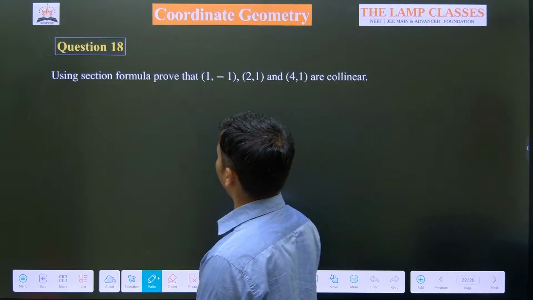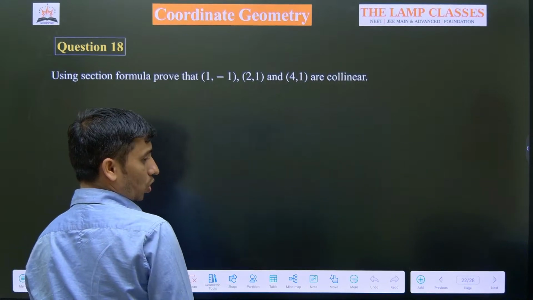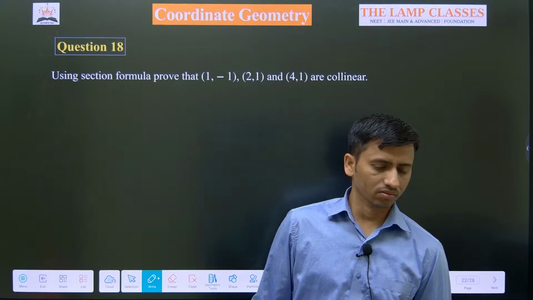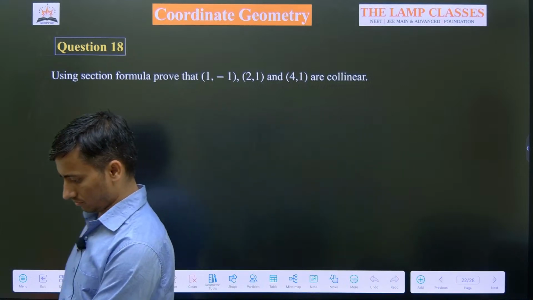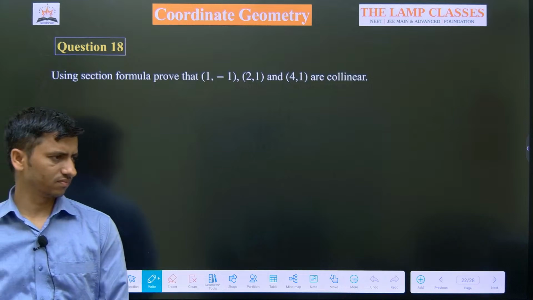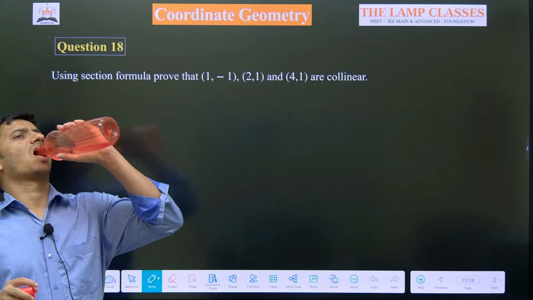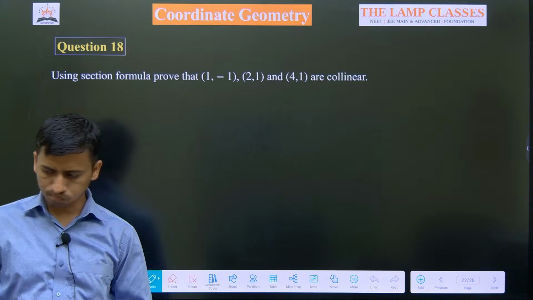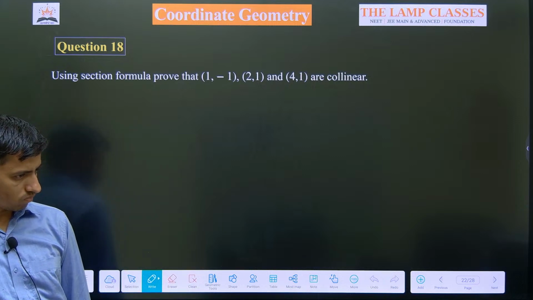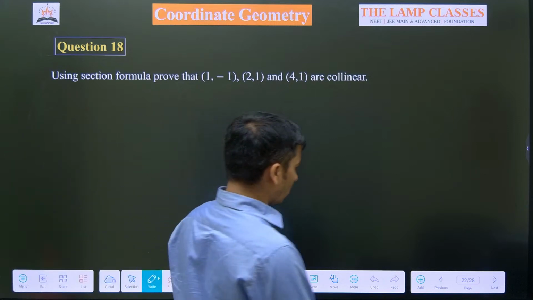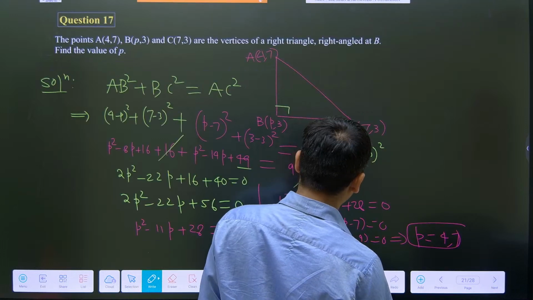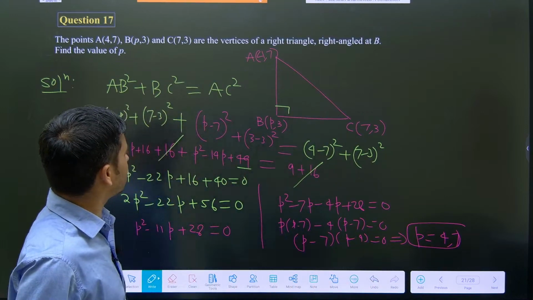Using section formula, prove that these points are collinear. Okay, let's see. Yeah, we should actually check. Now, what if we have P is equal to 7?